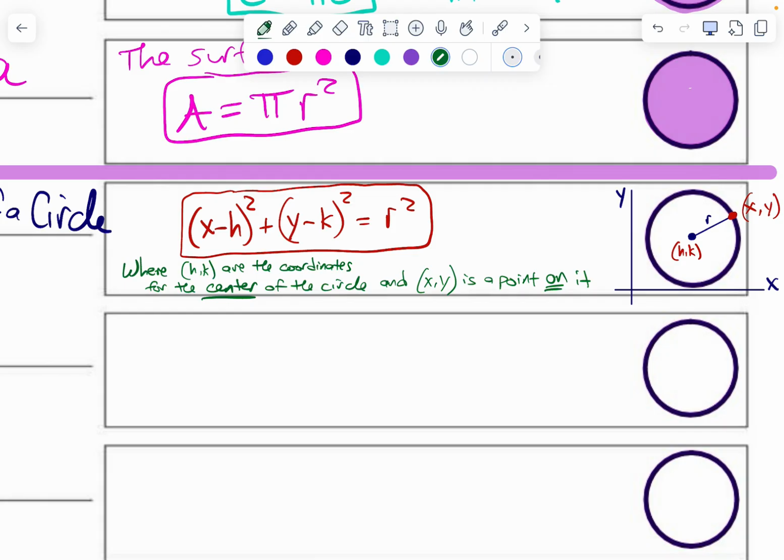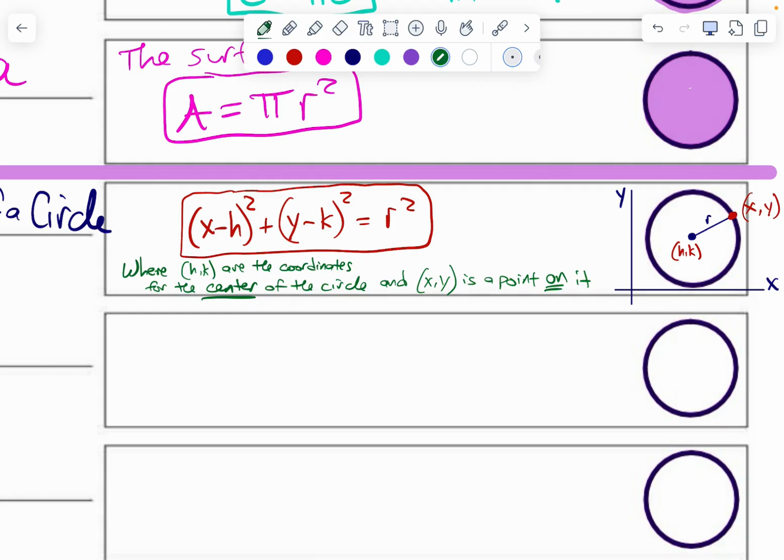So you'll need to be able to do two things with this. Actually, more than that. 3. If I give you the equation, you need to be able to tell me where the center and the radius are. 2, or like number 2, you'll need to be able to graph circles based on an equation.